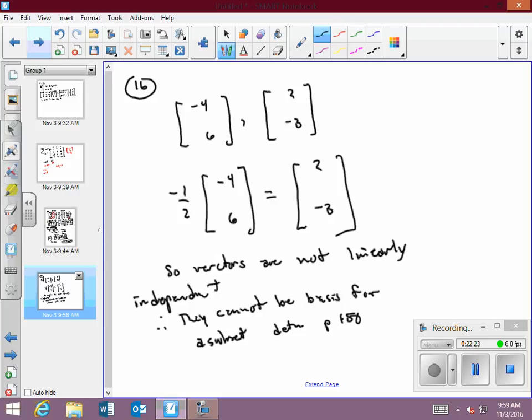I guess it's more the bottom of the page. The basis for the subspace H of Rn is a linearly independent set in H that spans H. So they've got to be linearly independent by that definition. I think it's bottom of the page.